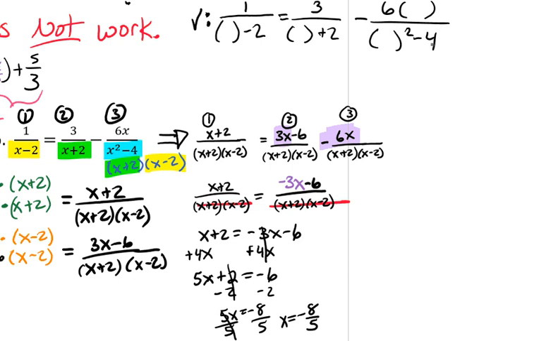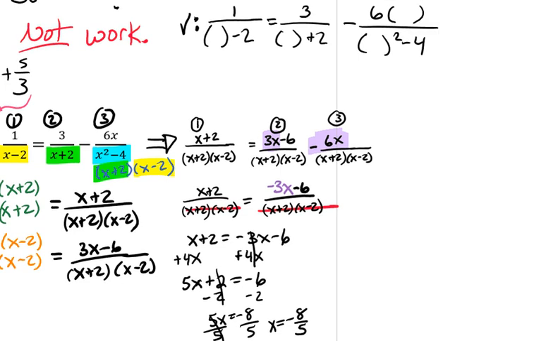And so we're going to take that negative 8 over 5 and plug it in to all of our x spots. And then we're going to work out the stuff on the left, and work out everything on the right, and see if they match.